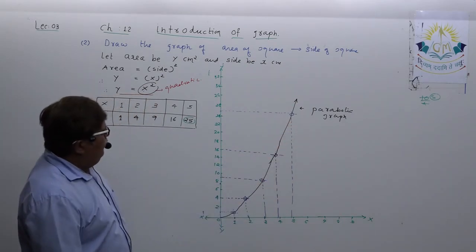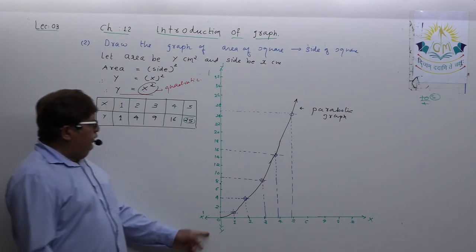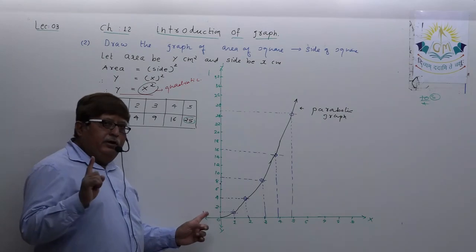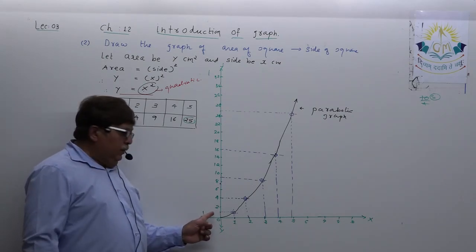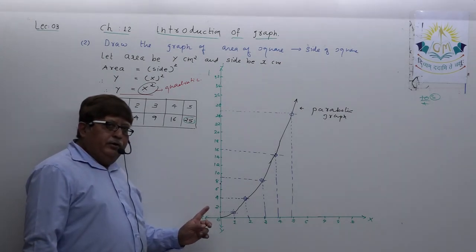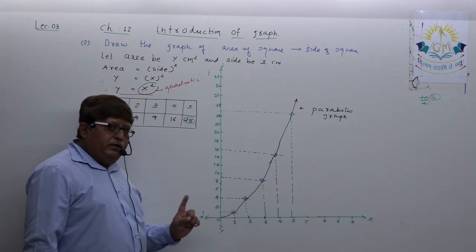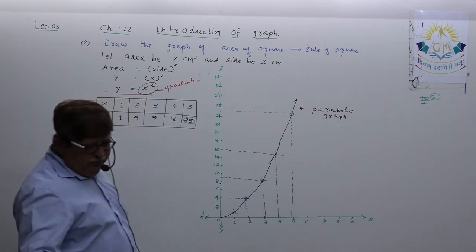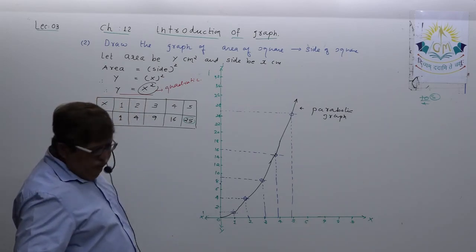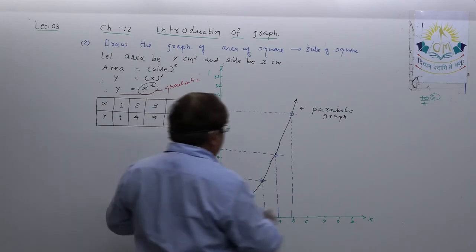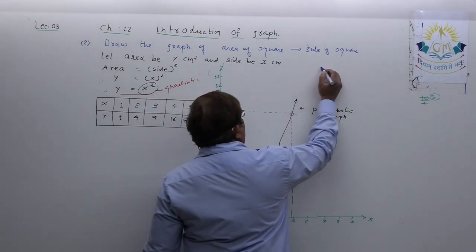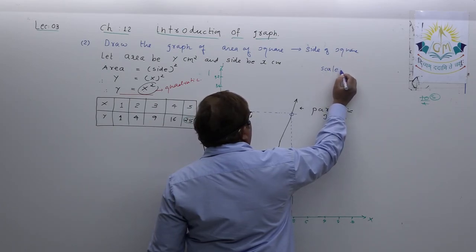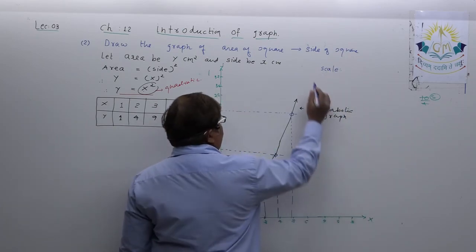You understood this, right? So dear student, I have taken a scale here. You need to understand the scale factor very much. And I must also mark one important point here. You need to mention the scale on the top right corner of the graph paper, where there is no scale on the x-axis.